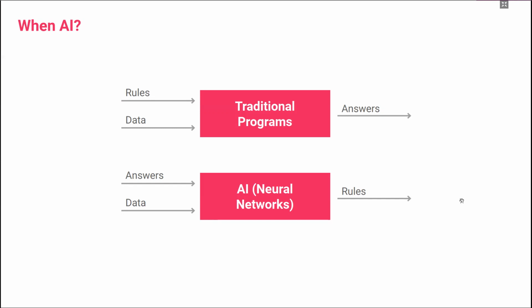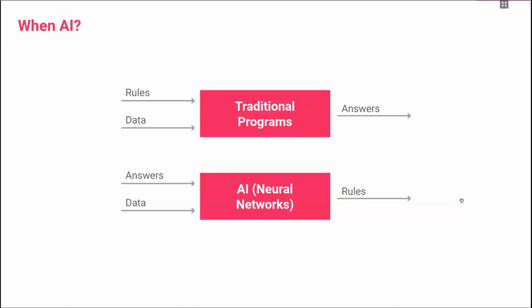So someone or a bunch of people define the explicit rules in terms of coding, and then at the end you feed the data, which is basically input data, and the traditional program will give you the answers or the output. Now, answers could be a whole bunch of numbers, it could be geometry, it could be an image, etc. The data form or the data type is not important.